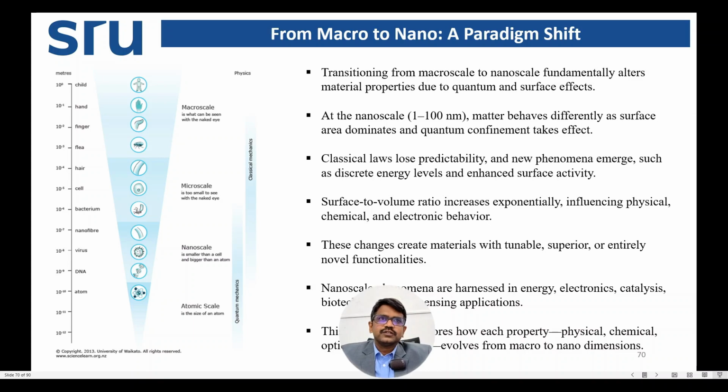If you see this picture, you can understand the difference in size from macro size to micro size, then nano, then atomic scale.